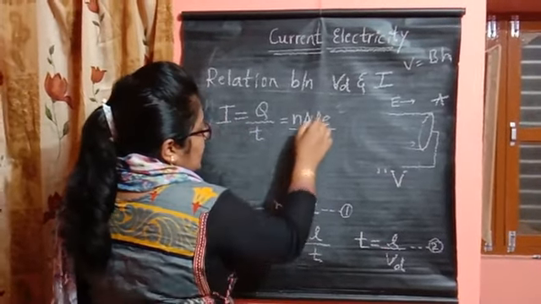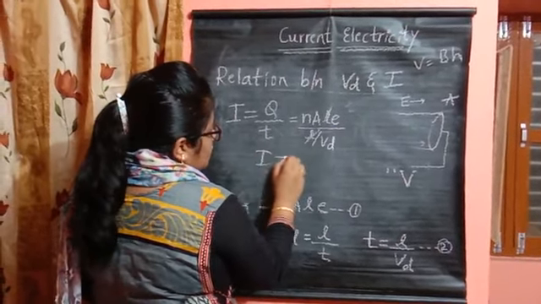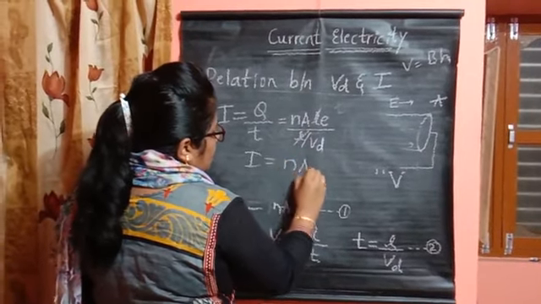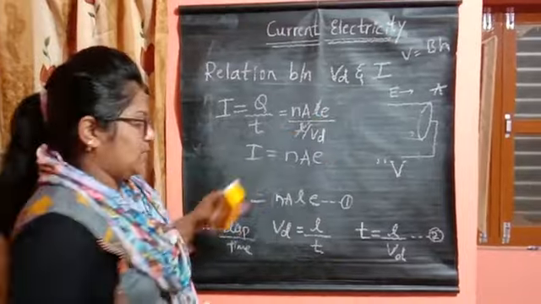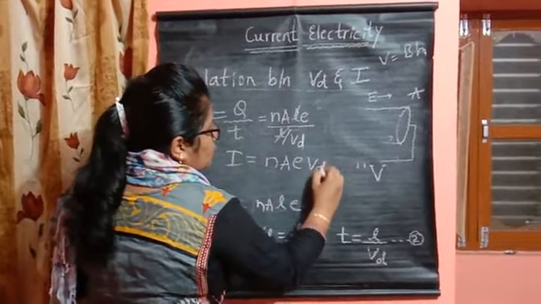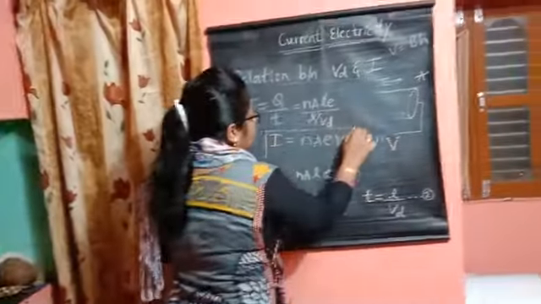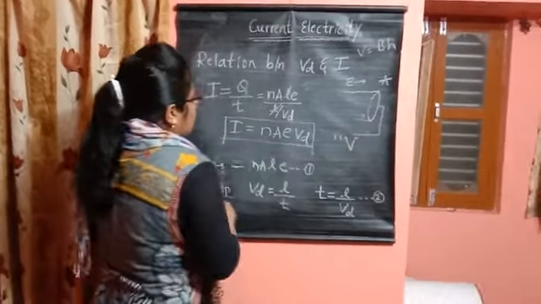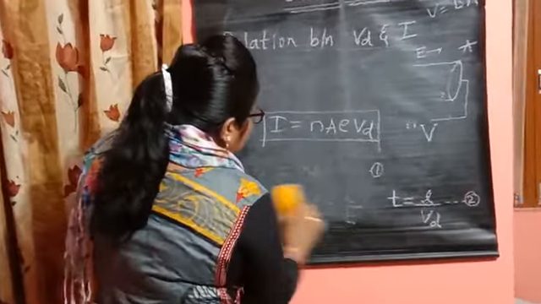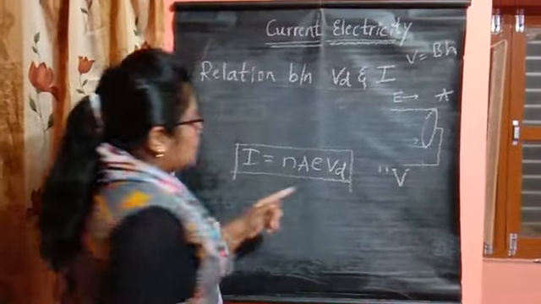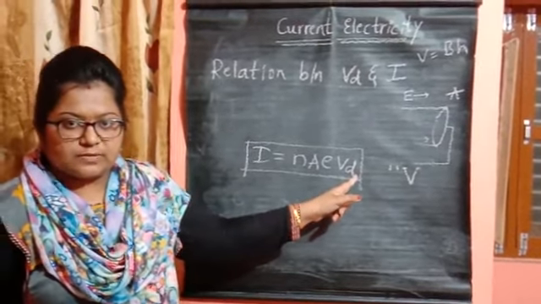So this L gets cancelled. So I is equal to what will we obtain? N A E, and this Vd will come into the numerator. So N A E into Vd. This expression gives us the relation between electric current and the drift velocity, isn't it?